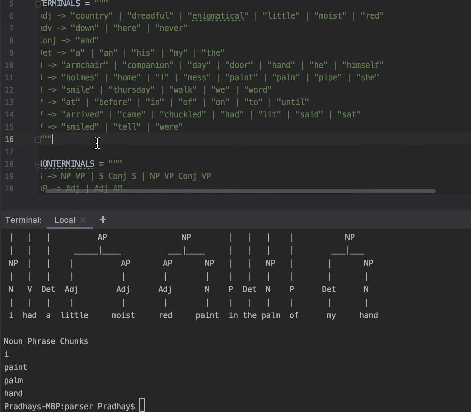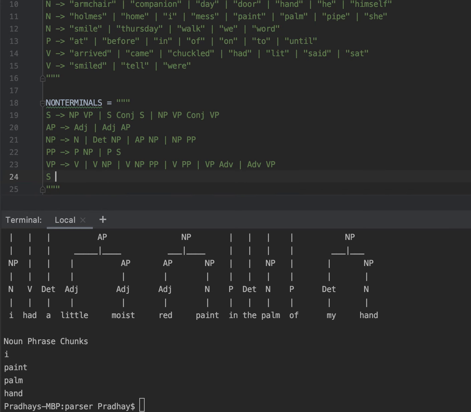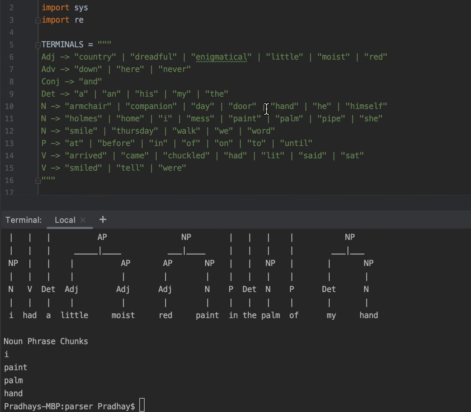Then there is the definition of non-terminals, which contains all the context-free grammar rules for generating non-terminal symbols, like what I introduced at the start, S to N V, etc. Editing the non-terminal rules can be very useful, and they can be changed to any rule, such as S to NP and V, so noun phrase and verb, like his name, Prade, for example. In this case, we can define any sentences as long as we have a set of predefined rules for generating terminal symbols. And that's that.